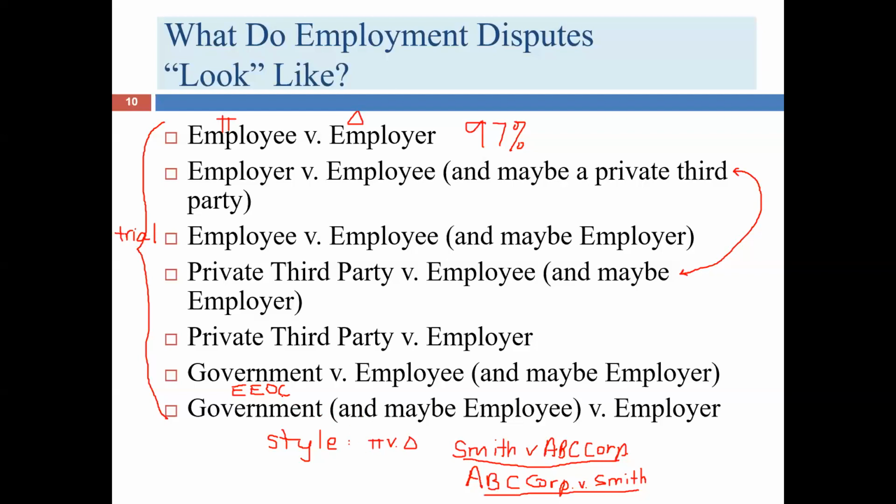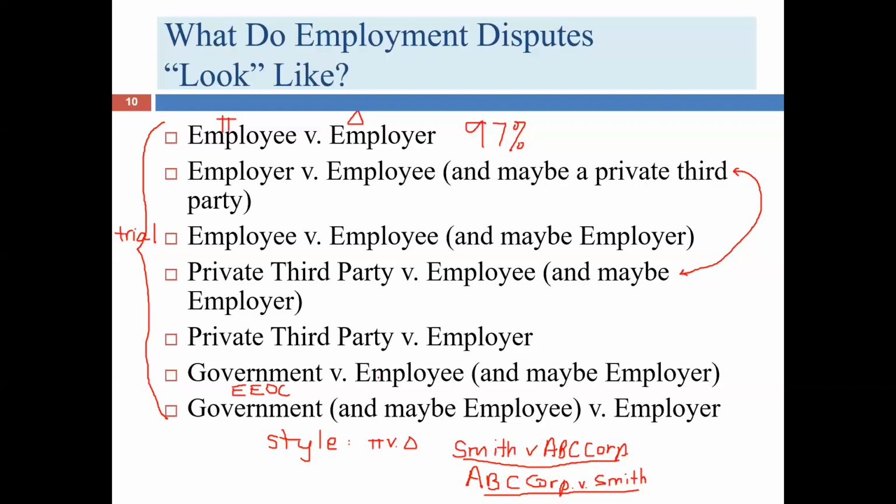There are other governmental agencies that can do that, including the Department of Labor and the Department of Justice. Sometimes the government may sue an employee. For example, an employee who might have been involved in paying bribes in perhaps a third world country.